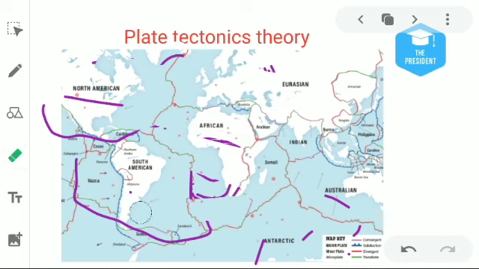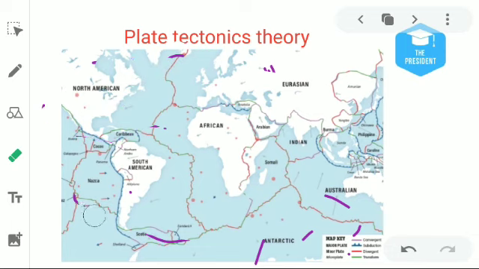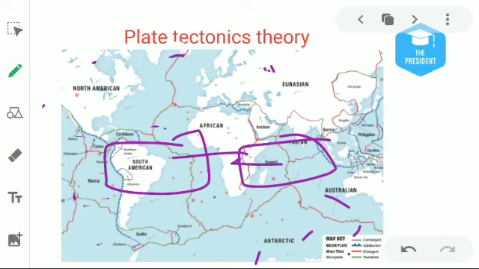Okay, just memorize this. Oh yeah, one thing I would tell you: it is on these boundaries only that earthquakes come. Suppose two plates are coming towards each other, and if they tackle each other slowly, at that time an earthquake takes place on the earth surface.